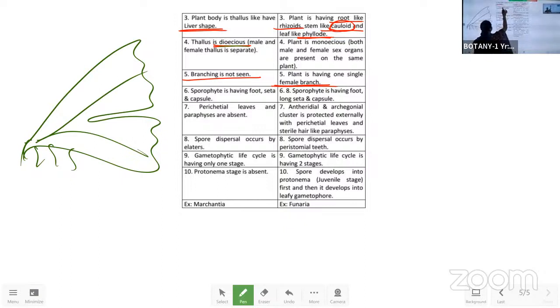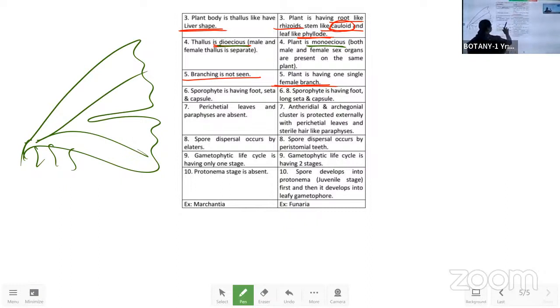It's dioecious: male thallus is different, female thallus is different. Whereas in the mosses, it's not like that. The plant is monoecious. Mono means one single plant where both the sex organs are present on the same plant. The male branch and the female branch both are present in the mosses.